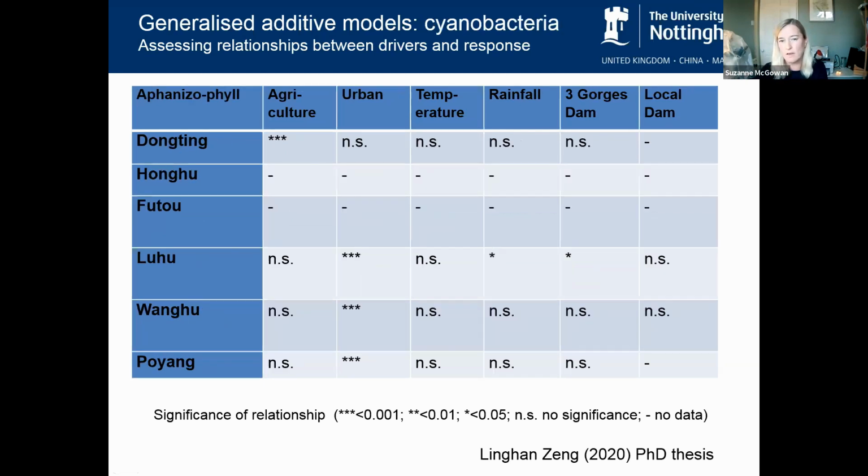And a similar pattern for cyanobacterial pigments only, where we've got more urban influence down towards the bottom of the river. So this really gives an idea of where to focus efforts in terms of, do you deal with the urban inputs or the agricultural inputs, by looking at these different drivers.